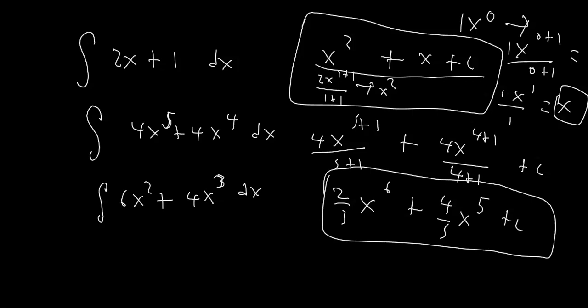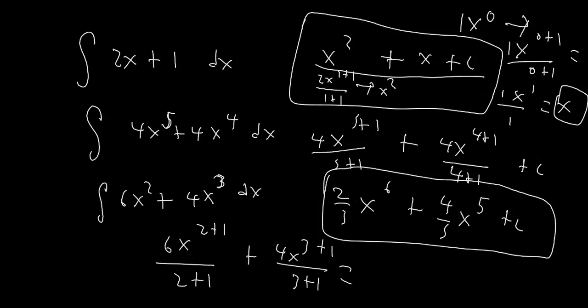Okay, last problem. So if we do 2 plus 1 over 2 plus 1, and then here if you do 3 plus 1 over 3 plus 1, we get 3, not 3, my bad. 2 I meant, because I made a mistake there. 6 divided by 3 is actually 2.